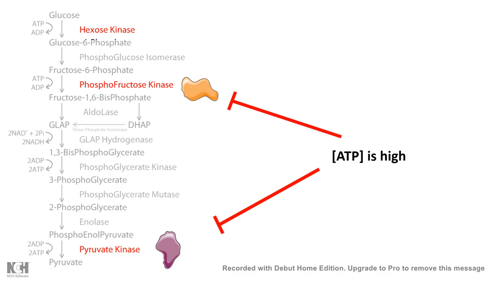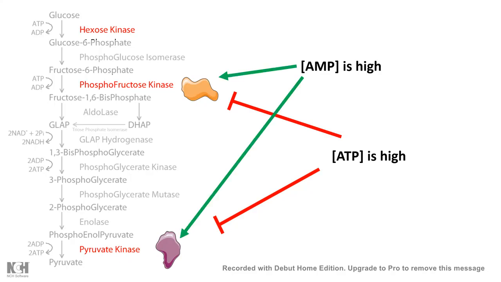So ATP concentration works like an allosteric modulator. An increase in ATP concentration inhibits phosphofructokinase and pyruvate kinase. You can clearly understand from this pathway, if these two enzymes are inhibited, the glycolysis won't take place. So the glycolytic flux would be deviated to other pathways.